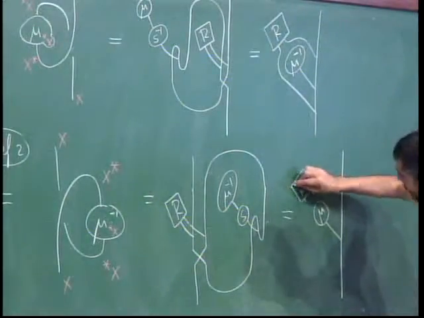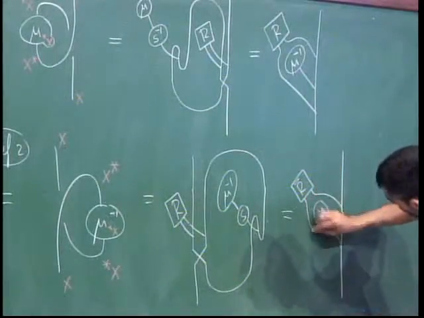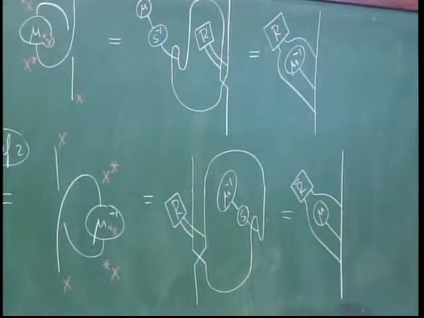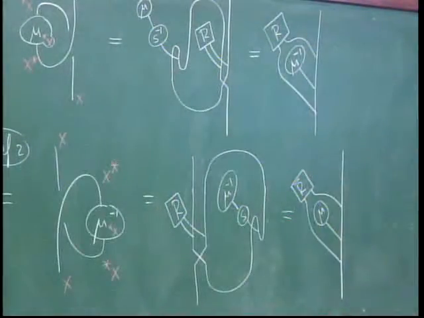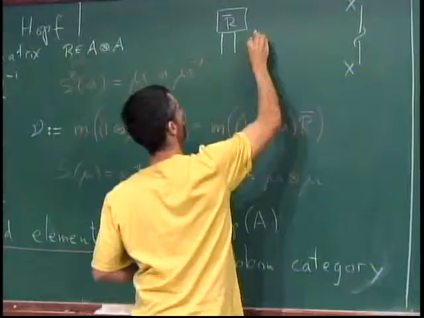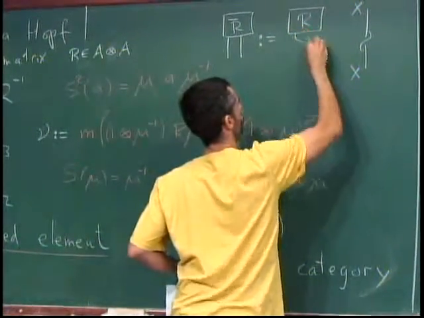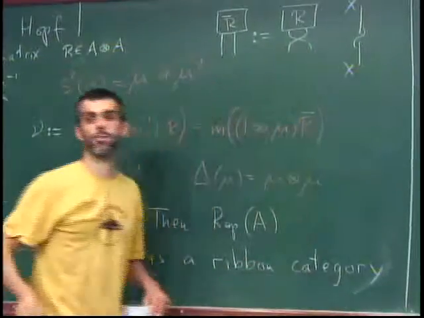But I'll just rewrite it by putting a bar here and define R bar. R bar is by definition just R with the two legs twisted.